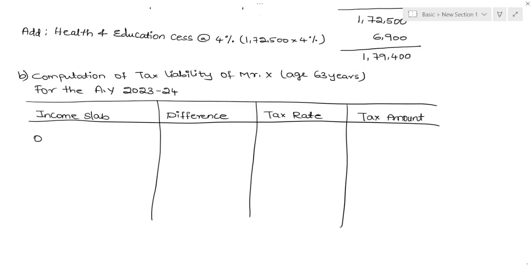0 to 3 lakhs rupees. What is the difference? 3 lakhs. Tax rate nil. Tax amount nil.